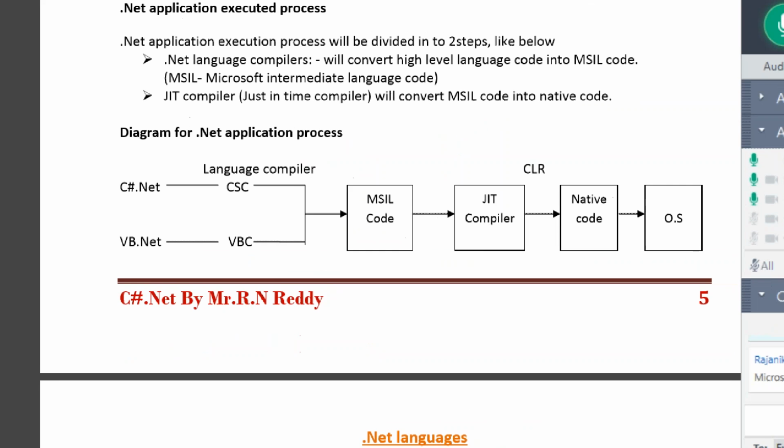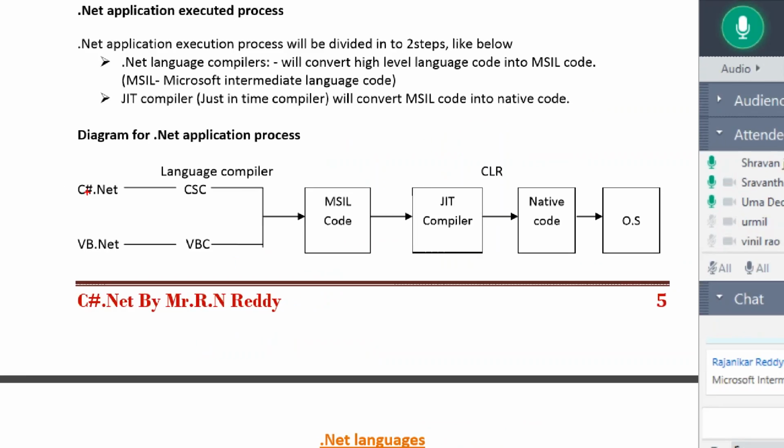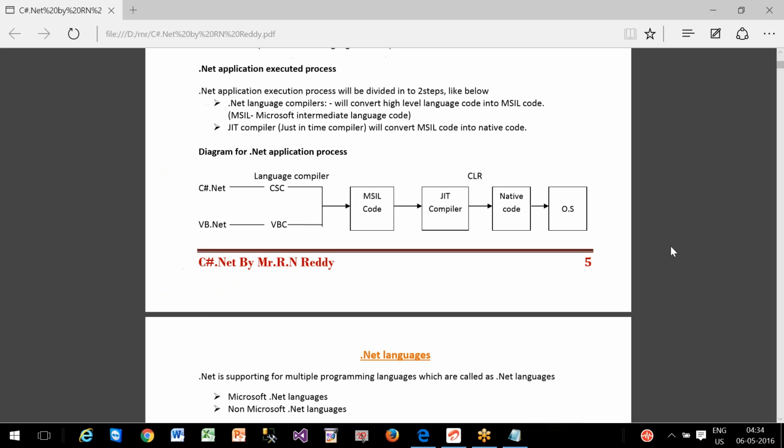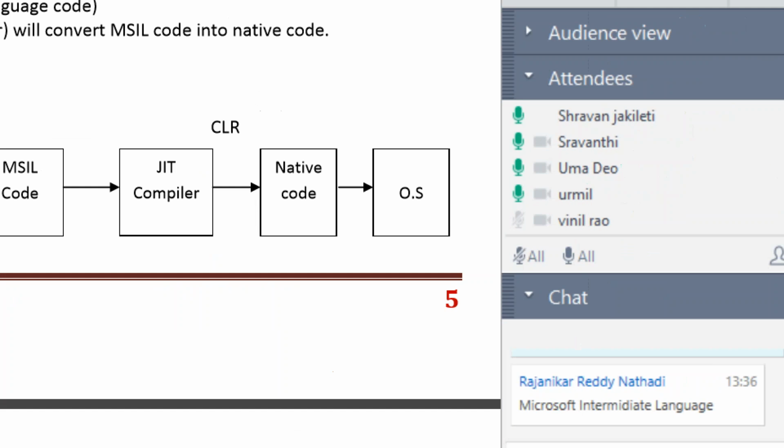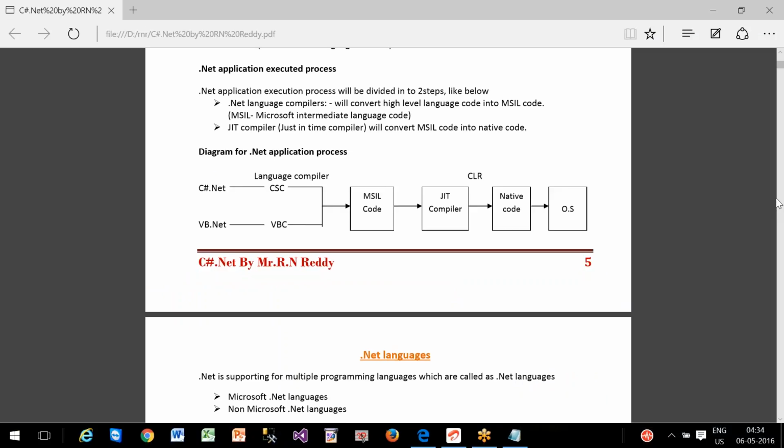But whenever you are developing an application by using .NET, you will use any one of the .NET languages. That can be C#.NET or VB.NET. Whenever you talk about any programming language, whether C, C++ or Java, you write a program. In C, whenever you want to print something, what statement do we write?